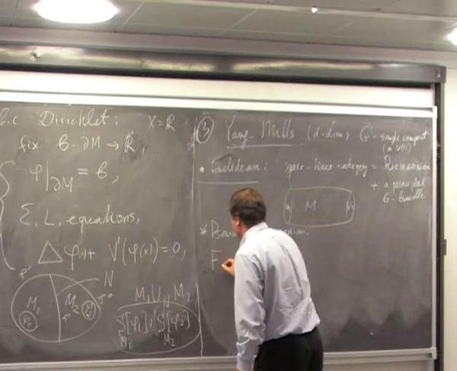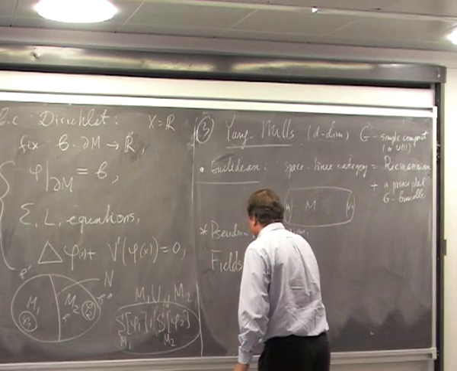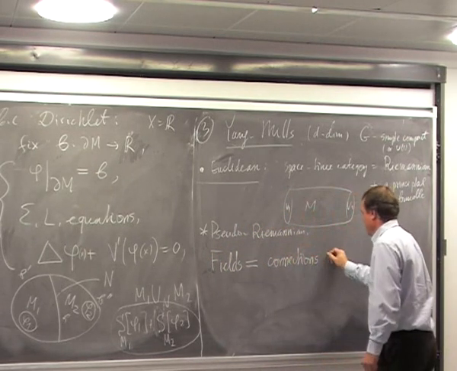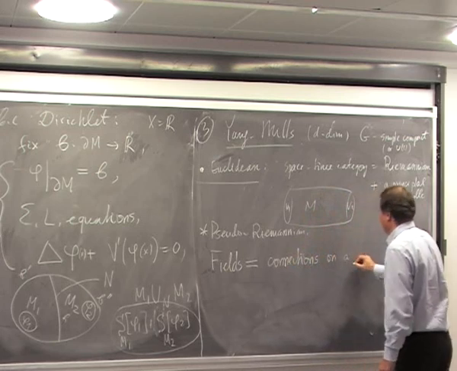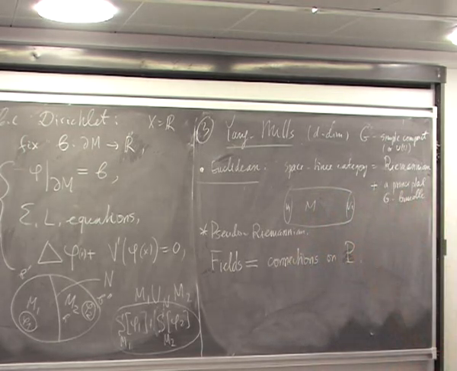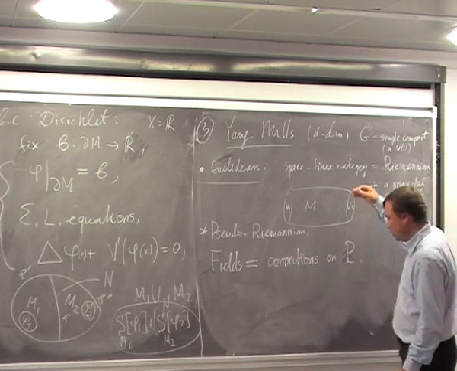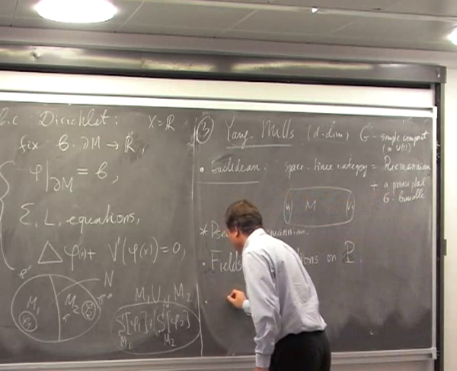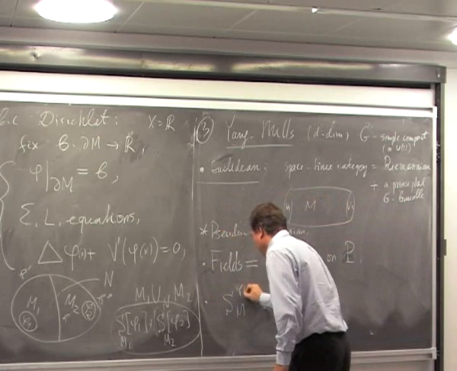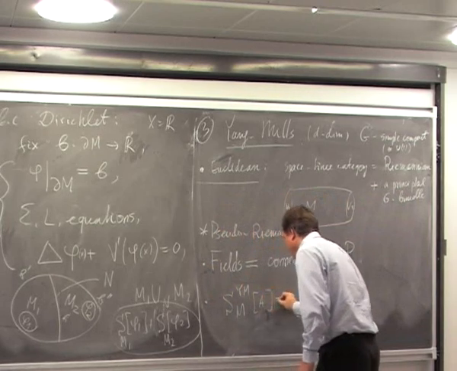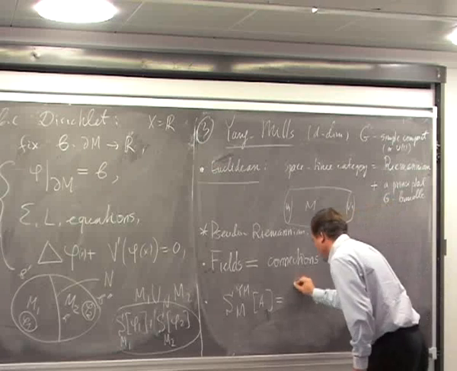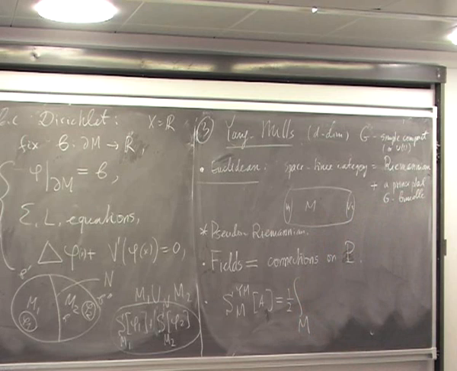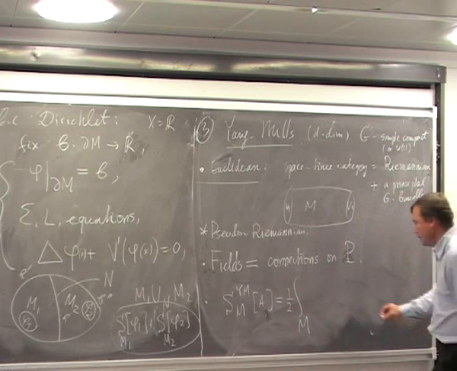So this is the space-time. Fields are connections on this principal G bundle that we have over the space-time. And the Yang-Mills action, so what I'm discussing now is pure Yang-Mills without matter fields.